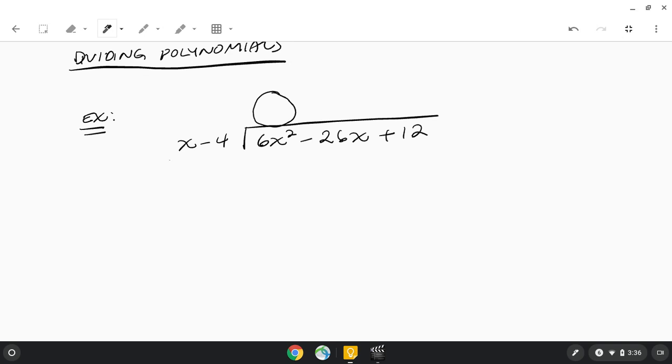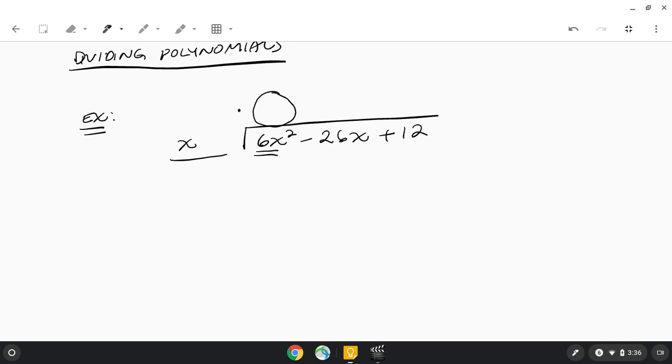So when you're trying to figure out what should go here, at first you're going to ignore the rest of the polynomial, you're only going to use the leading term, x. So you ask yourself, x times what will give me 6x squared?